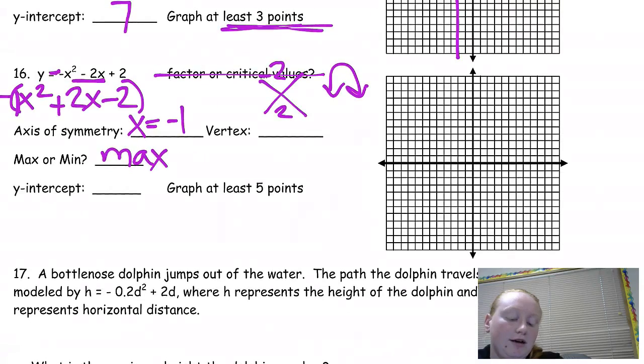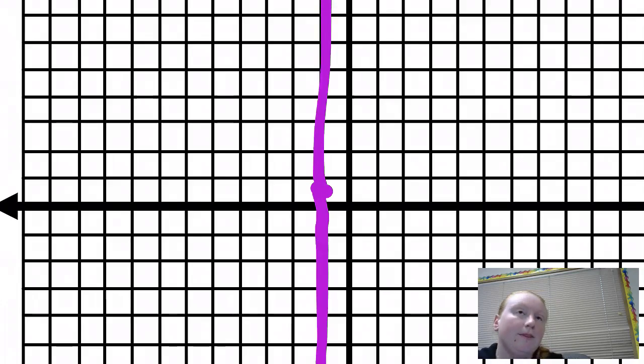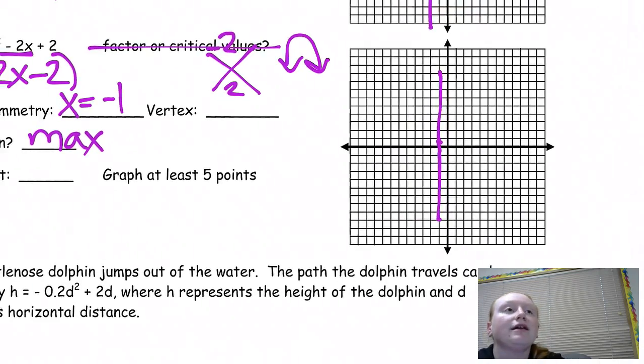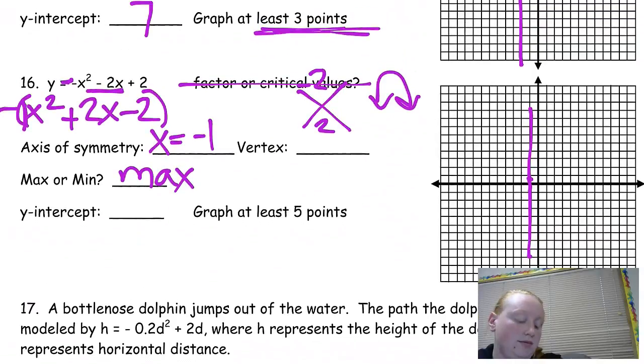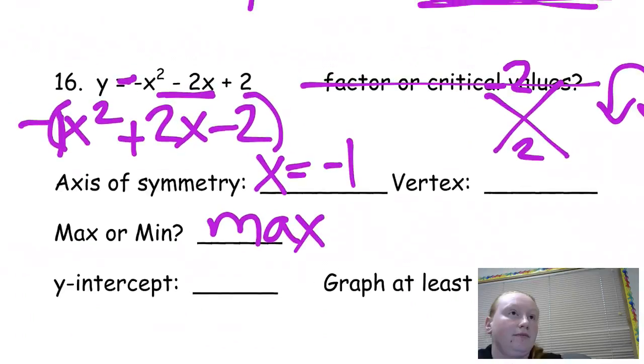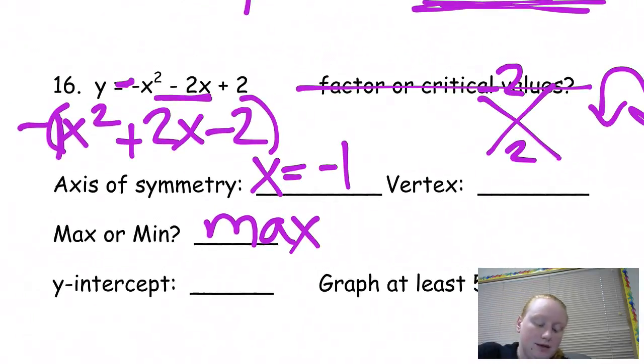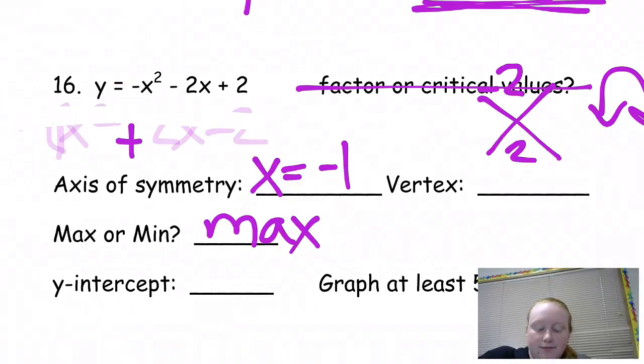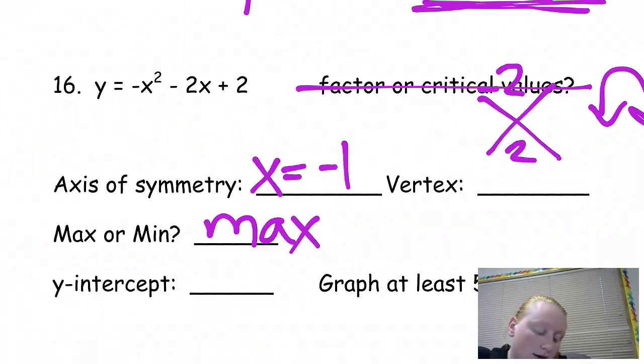So I'm going to come over here. I'm going to zoom in. I'm going to put my axis of symmetry on negative 1. I'm going to plug negative 1 into my original formula. So I'm going to erase this work that I did to factor. Negative 1 squared.